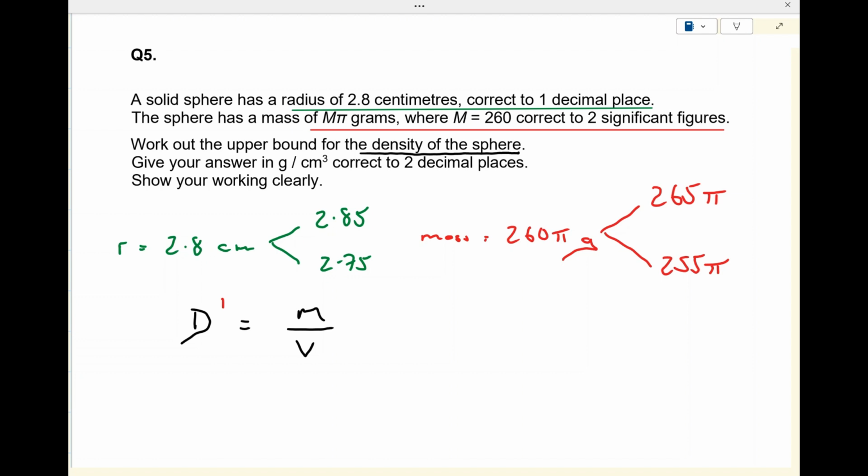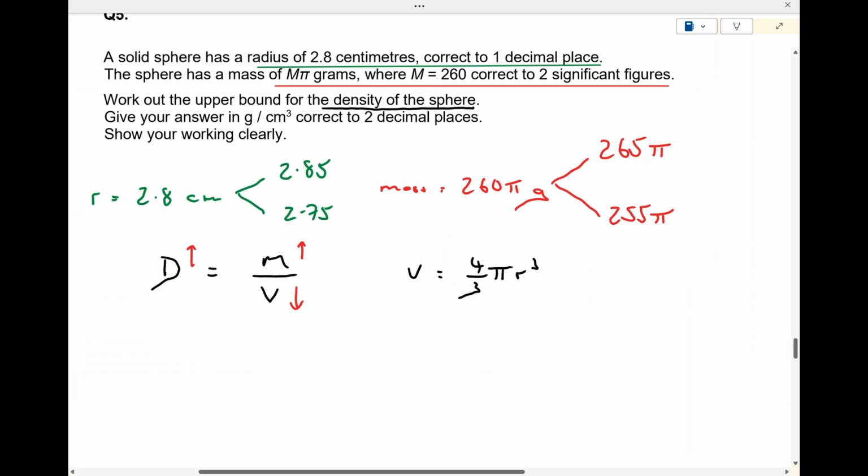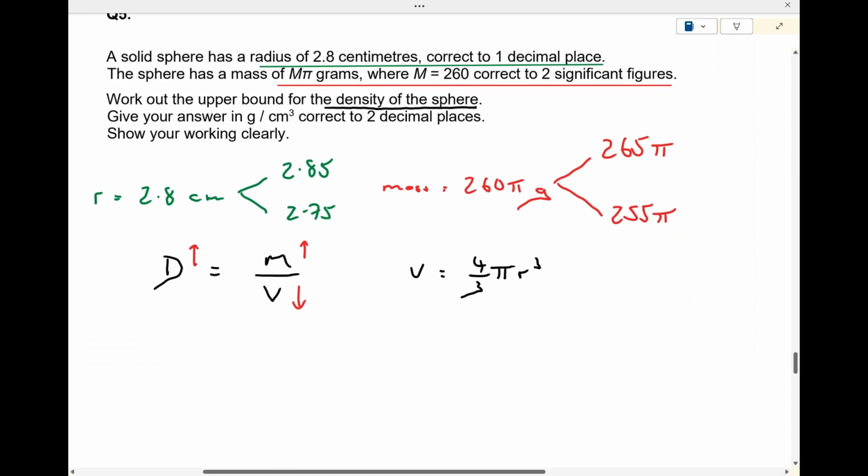So we're going to want the upper bound of the density, which means we want the highest possible mass and the lowest possible volume. But wait a minute, I know the mass, but I don't know the volume. But I do know from the formula sheet that the volume of the sphere is 4/3 pi r cubed. So I can work out the lower bound of the volume, can't I?